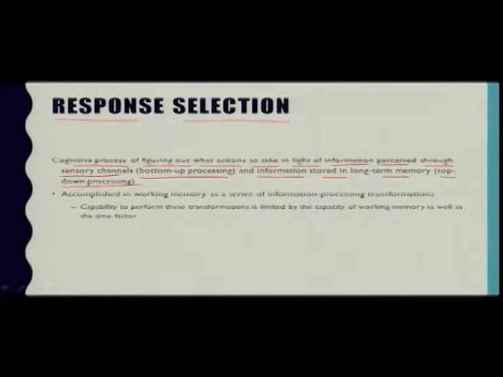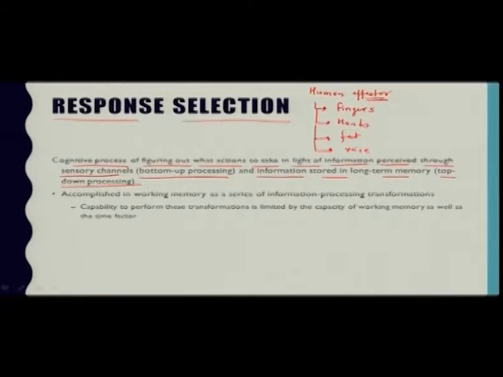Human effectors may be fingers, hands, feet, or even voice, so physical action can be performed by these.